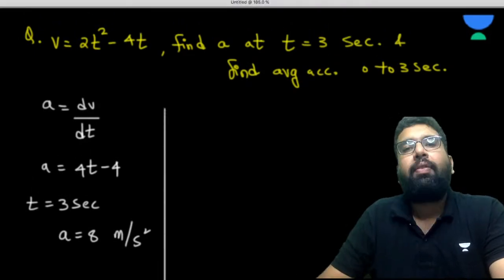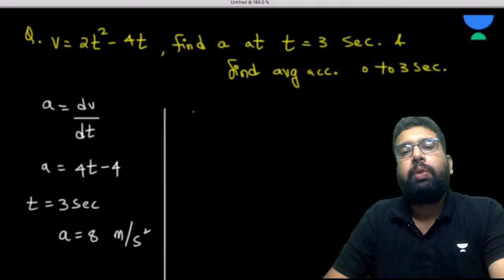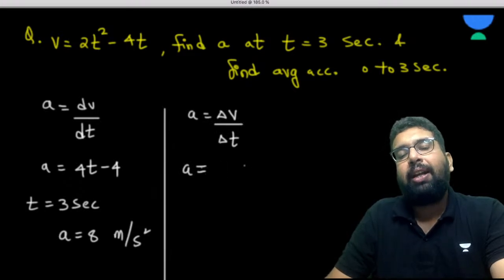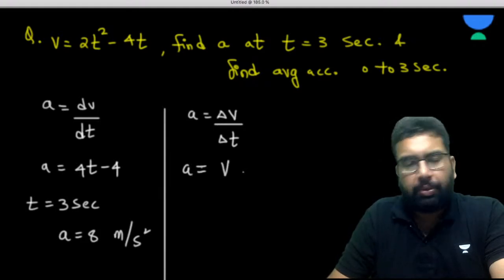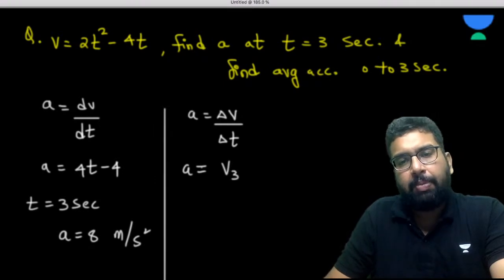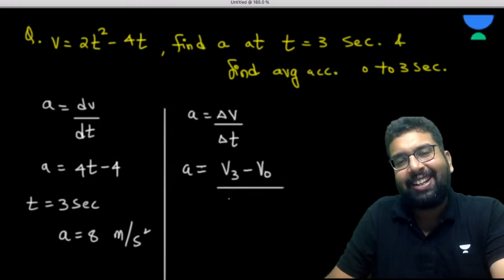Now, what is the average acceleration from 0 to 3 seconds? We know average is delta v upon delta t. Velocity is a vector, so let me not enter into the vector. Can I write it like this, v3 minus v0 upon t3 minus t0?